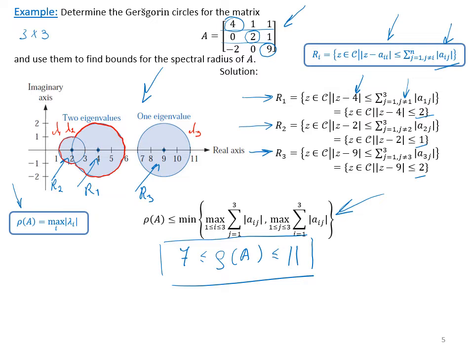At the same time, if we compute our eigenvalues precisely, we can get the following numbers. And the precise value of the spectral radius, it's here.